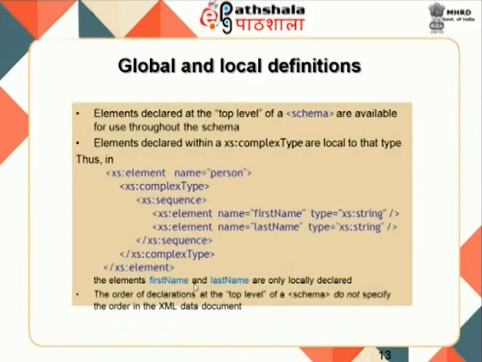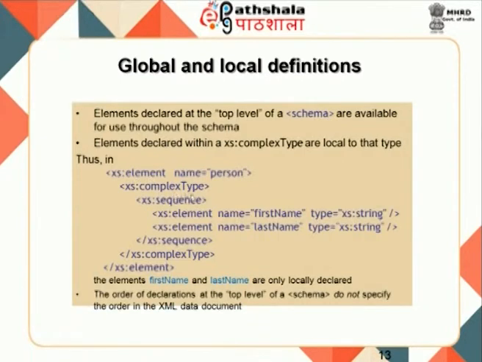Now, let us see what global and local definitions are. Elements declared at the top level of a schema are available for use throughout the schema, whereas elements that are declared within a complex type are local to that type. For example, we saw this example element, and the name of the element is person.